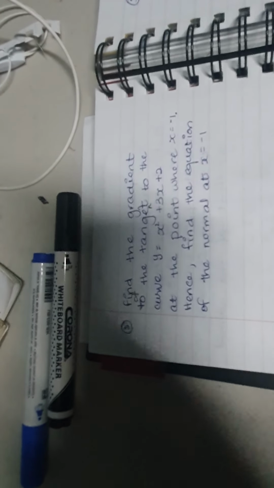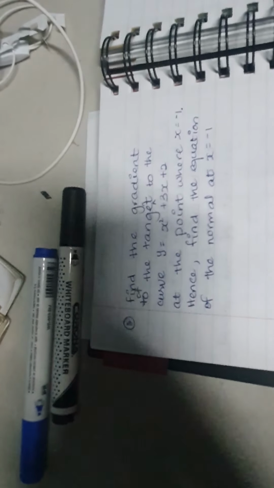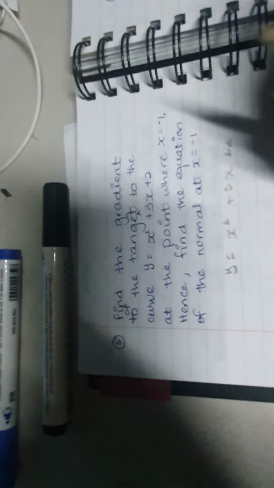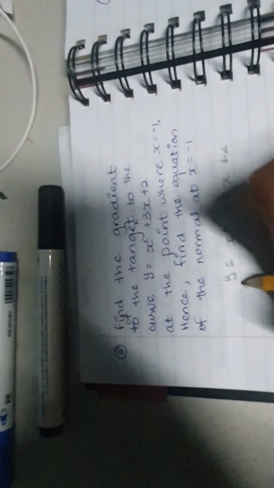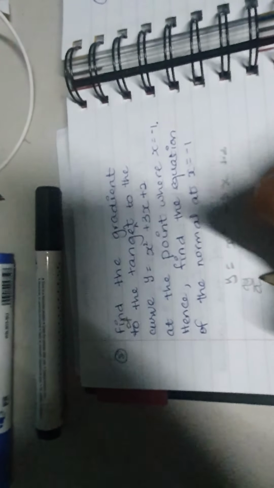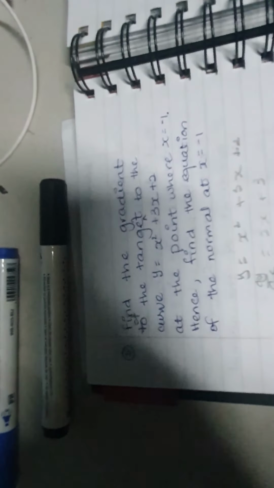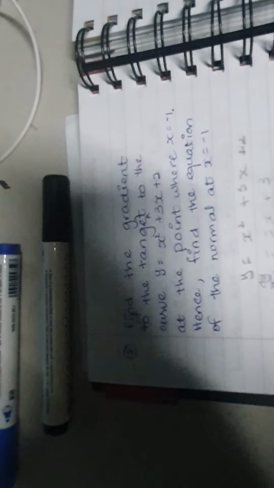First thing first, what they ask us to find is the gradient of the tangent. We said the gradient of the tangent, gradient of the curve is dy dx. So first thing first, to get the ball rolling, we need to find dy dx. So I'm just going to write down what y is. So dy dx is equal to 2x plus 3. They said to find it when x is equal to negative 1.